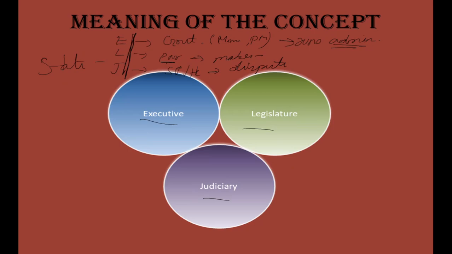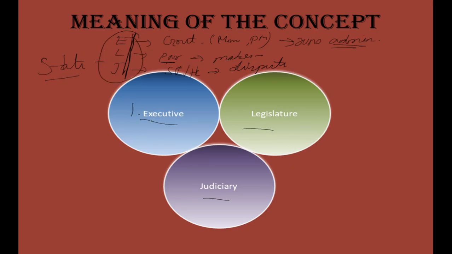Say you want divorce, you go to court. Even when you are going against the government, so you have some grievance with the government, you can go to court to challenge the state. So this is how the organs of state have been divided.